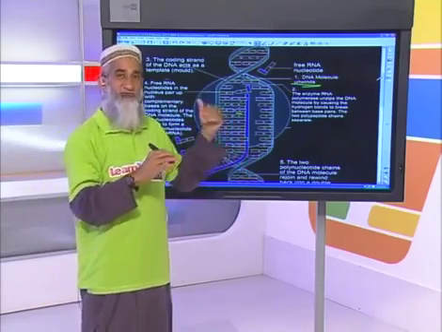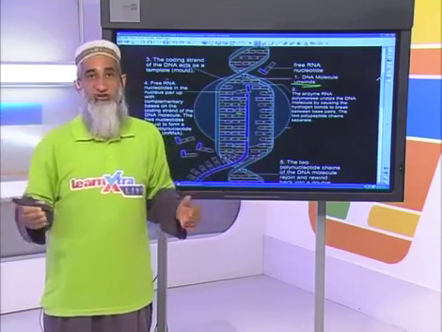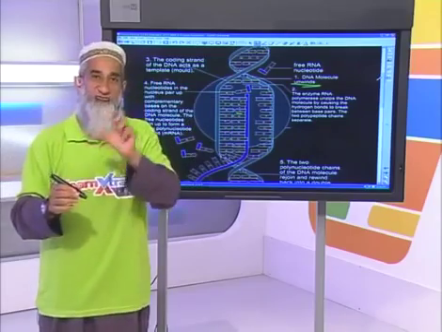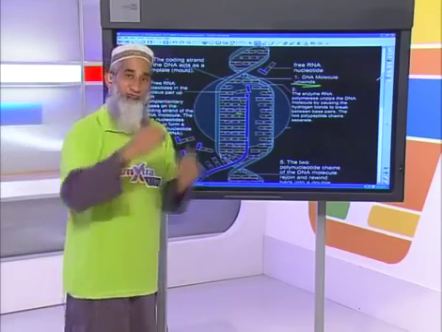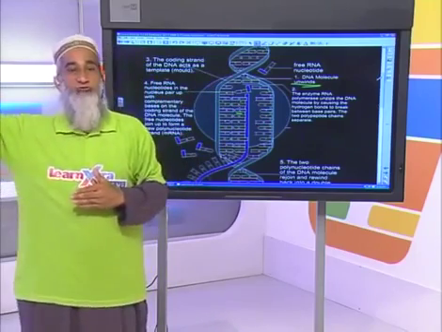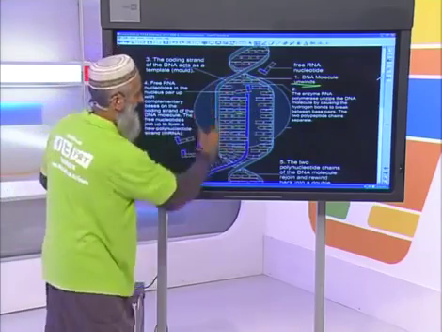Obviously, enzymes are involved in this process, and in a longer answer you have to explain that DNA unwinds, and as the DNA unwinds, the nucleotides of messenger RNA attach to one of the two templates, and it then breaks away and goes out of the nucleus into the cytoplasm. That is transcription, and that's what's happening there.